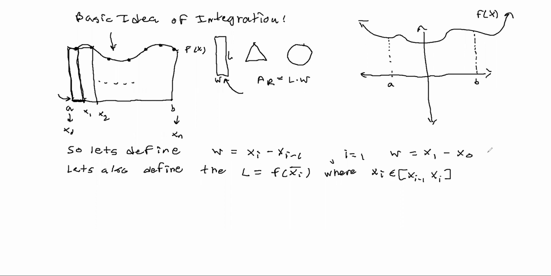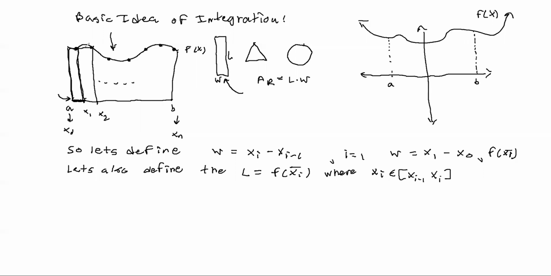I'm sorry, that was wrong earlier. So for example, for the rectangle from x sub 0 to x sub 1, I'm going to call it f of x sub 1 bar, and that will give me the evaluation point somewhere between x sub 0 and x sub 1, inclusive of x sub 0 and x sub 1.